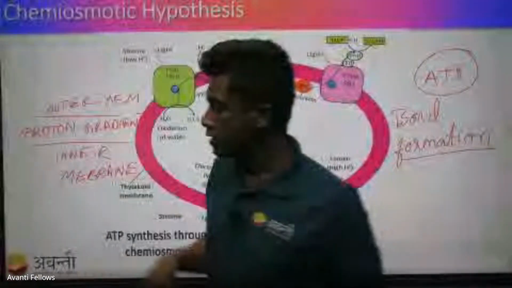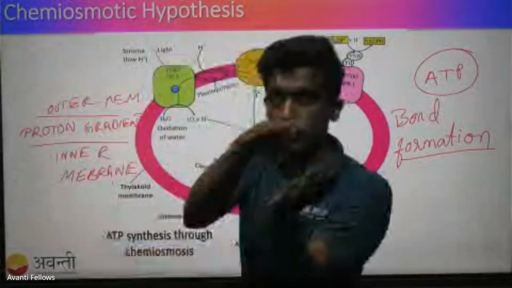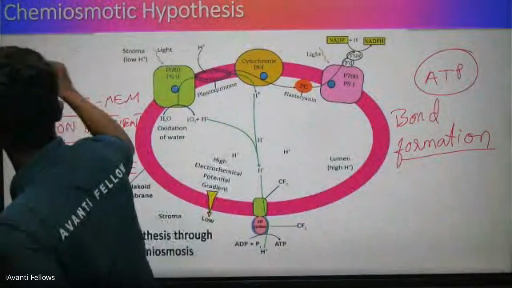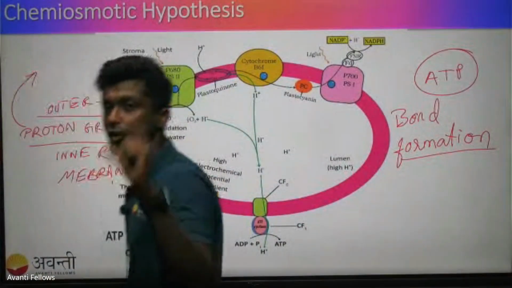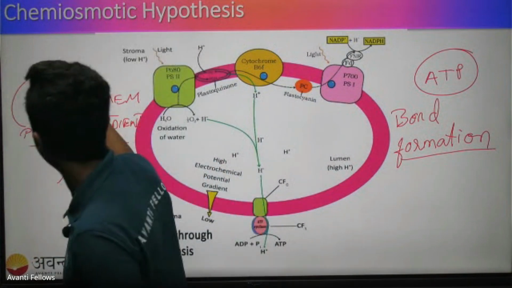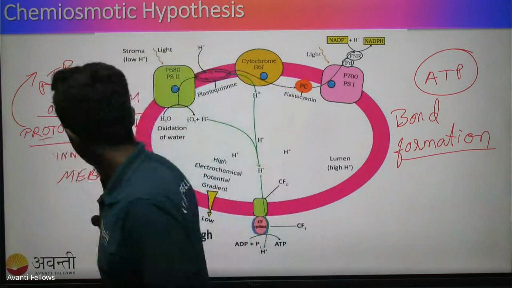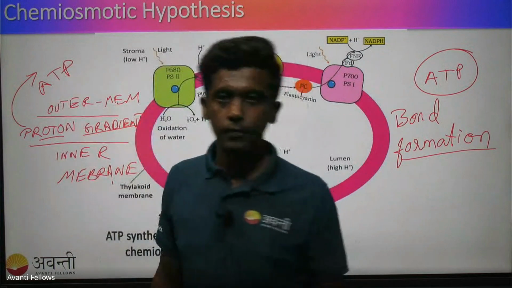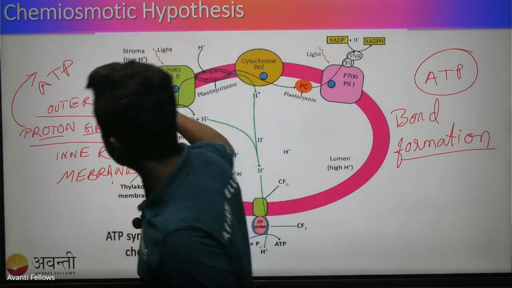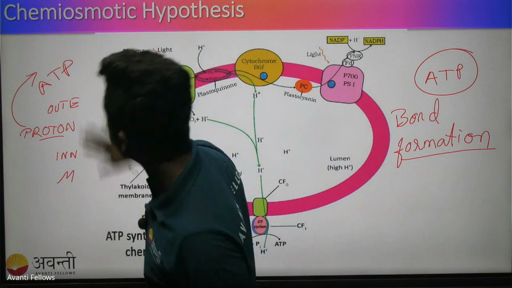So a gradient is created within the two membranes of the mitochondria, and that is what helps in the preparation of ATP. We will understand in the process of respiration how the proton gradient is created, if you don't remember or don't know. But our concern is how ATP synthesis takes place in thylakoids.